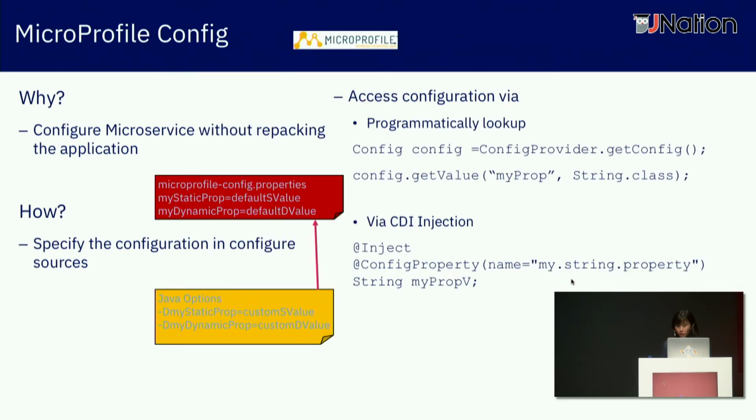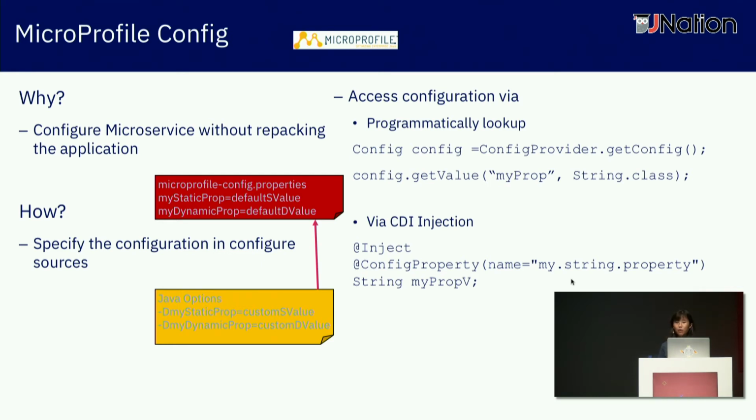Okay, so quickly, like I mentioned the MicroProfile Config and the fault tolerance, I'll give you a quick overview of MicroProfile Config. You define the config in the different config sources: in a file, as a system property or environment variable, and also like a Kubernetes config map.